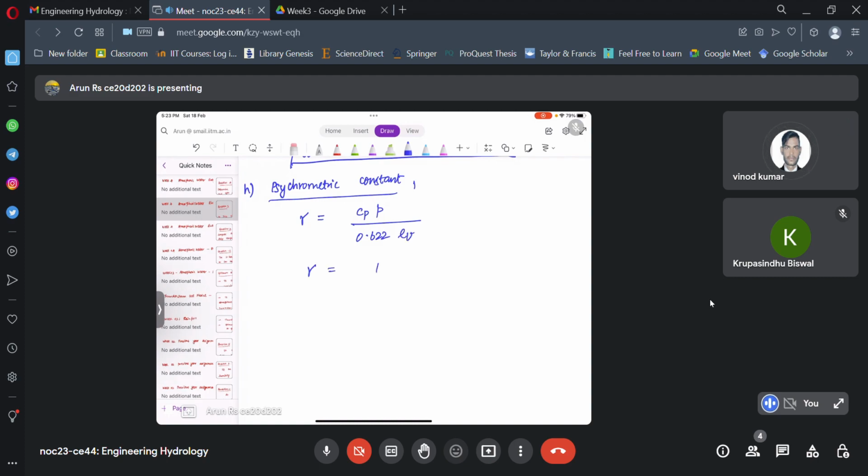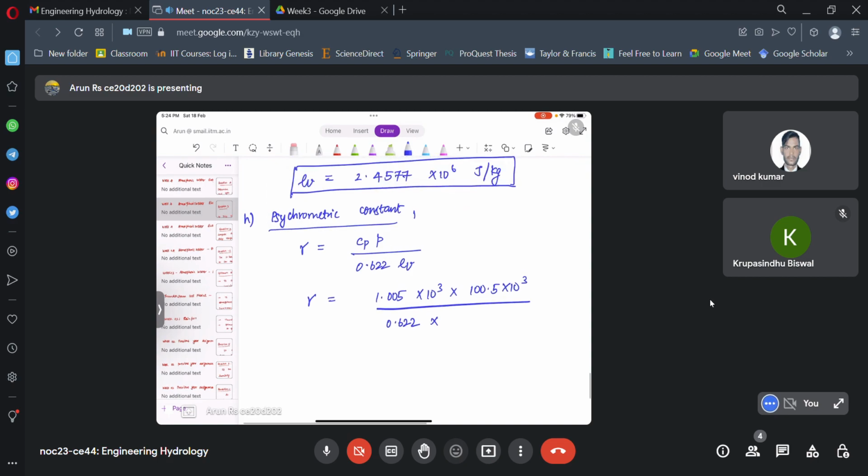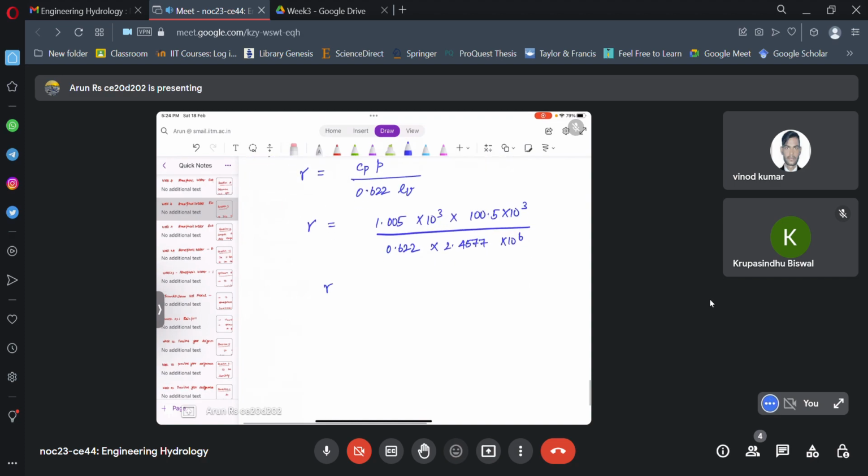The specific heat is a constant given in the question, pressure is 100.5 into 10 to the power of 3, divided by 0.622 into the latent heat we just computed, 2.4577 into 10 to the power of 6. So this gamma is 66.07 pascals per degree centigrade.